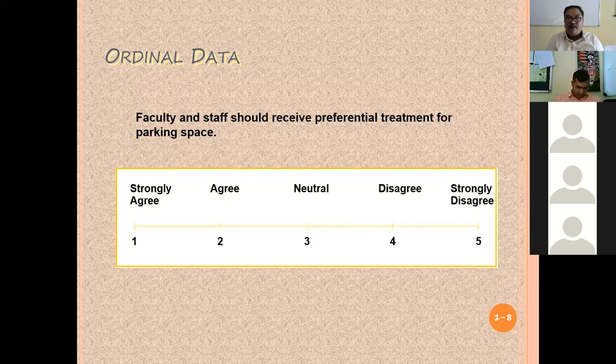Here I have given 1 for strongly agree and 5 for strongly disagree. Now you need to change: for strongly agree, you have to give 5. Agree, 4. Neutral, 3. Disagree, 2. And strongly disagree, 1.